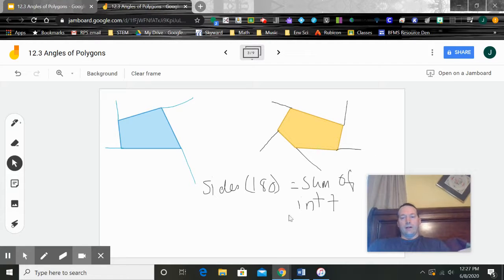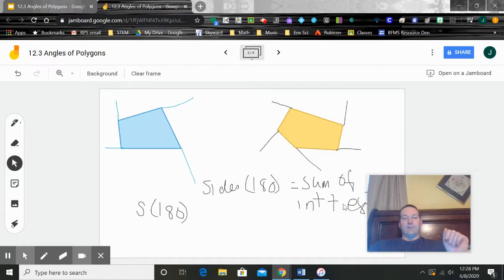So how are we going to develop the formula? Well, think about it. It's the number of sides times 180, isn't it? Well, that's going to give you the sum of the interior plus the exterior. We already know the exterior angles add up to 360.